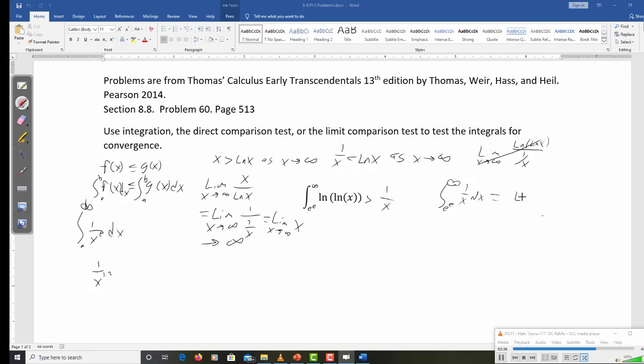Ln of x, that's right, ln of x in absolute value, although the absolute value isn't that important. E to the e, and infinity. And of course, ln of infinity is going to infinity, so this is divergent. So since this function bounded this function from below, divergent by DCT, direct comparison test.